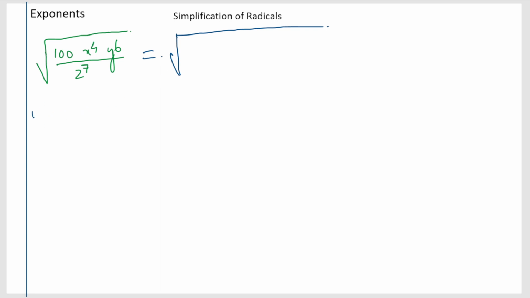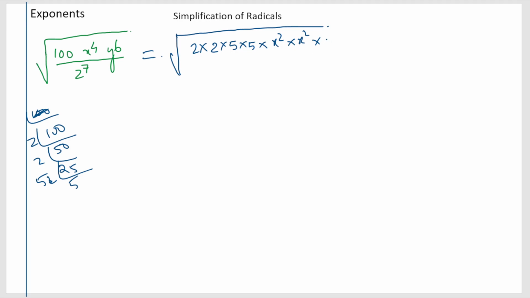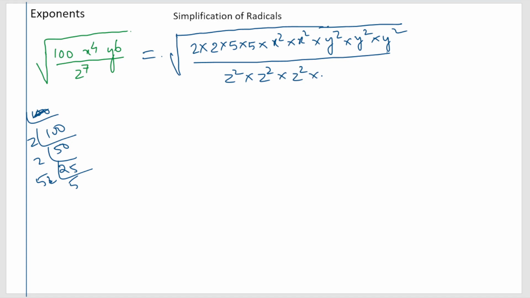Just do factorization: 2 into 2 into 5 into 5 into x square into x square into y square into y square into y square by z square into z square into z square into z.